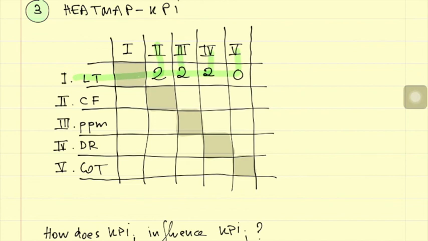Das heißt, in the exam, if I give you a list of KPIs and I ask you to perform a KPI heat map, then you need to write down all the relationships, okay? All the relationships. And every relationship that is not correctly explained, and I am more concerned about the explanation, not about if it's a 0, a 1, or a 2, okay?